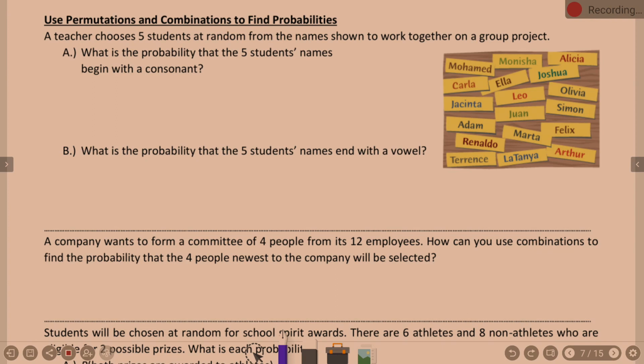Now, choosing 5 students at random to work together on a project, is order going to matter? No, we're choosing 5 students. It just is a matter of do you get chosen? So I am going to comment for the record that I'm going to think in terms of combinations.